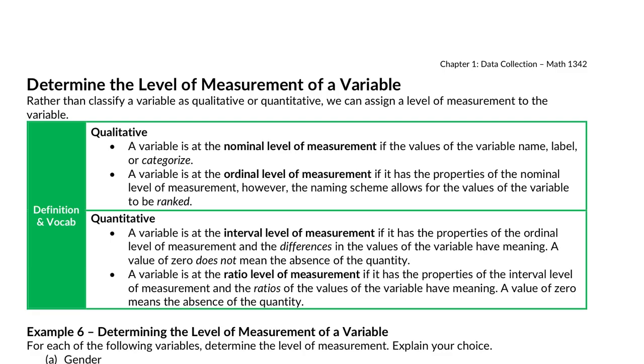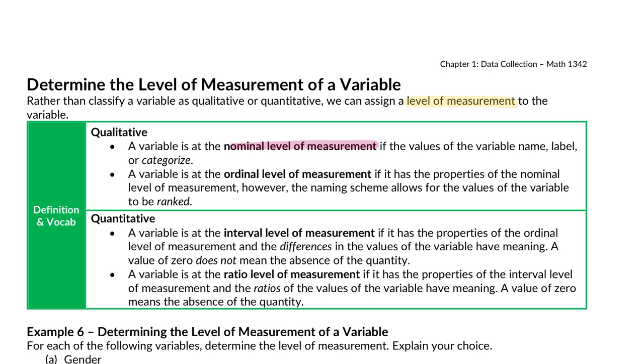Next is classifying variables that are quantitative or qualitative by level of measurement. So here's the new type of classification for these variables. I know there's a lot of vocabulary in this section. For qualitative variables, which remember are our describing variables, the first level that we can measure something at is called the nominal level of measurement, which really just means we are categorizing it by name, by label, by type.